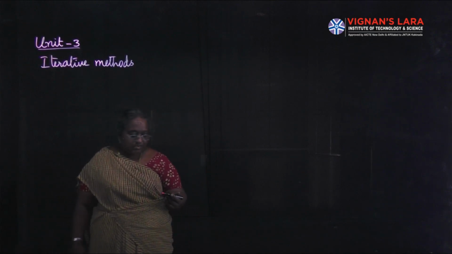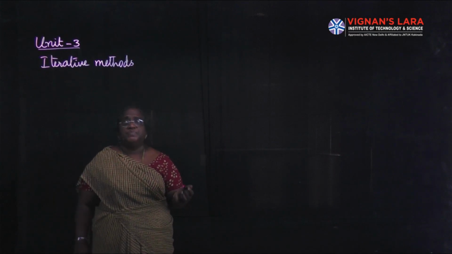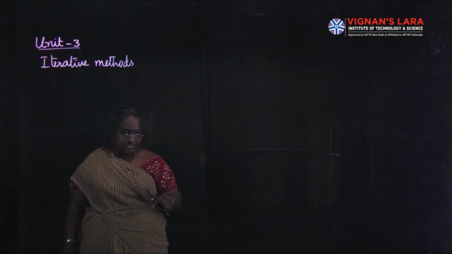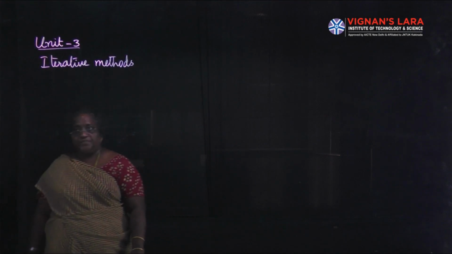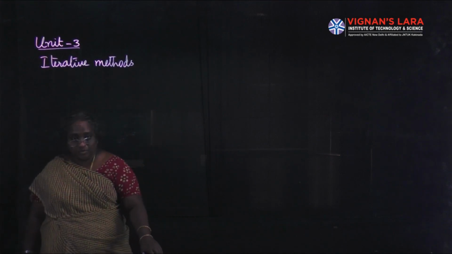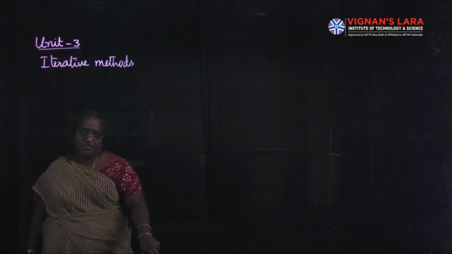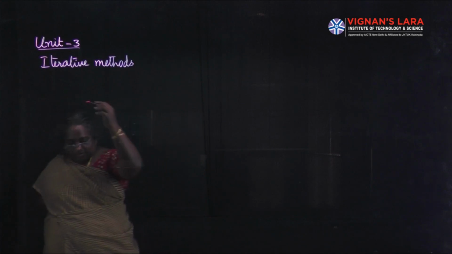So in this unit, for what are we going to find the solution? We are going to solve systems of equations in one case, and in the other we find a root for a given algebraic equation or transcendental equation. So in general, what is a polynomial?